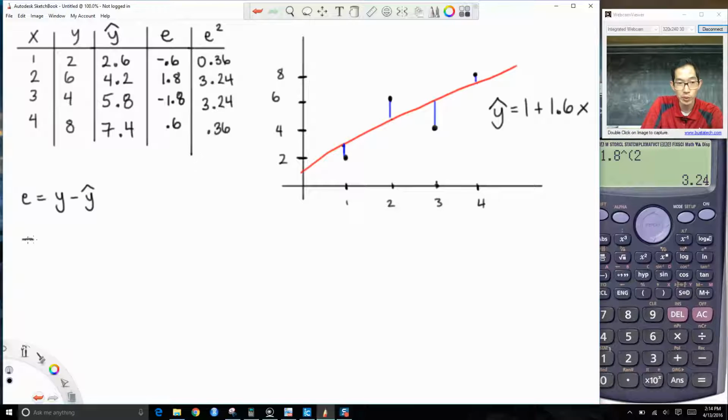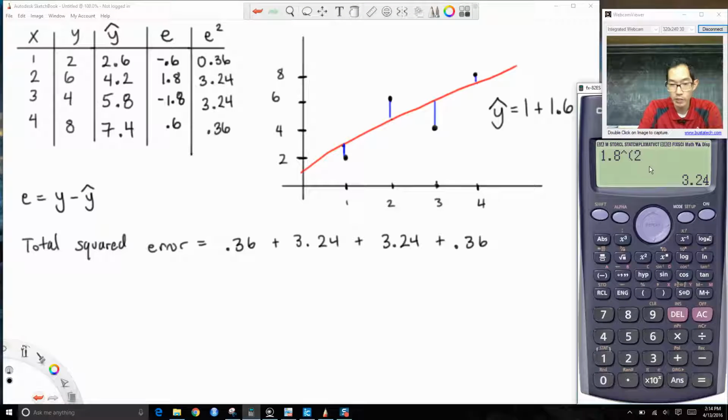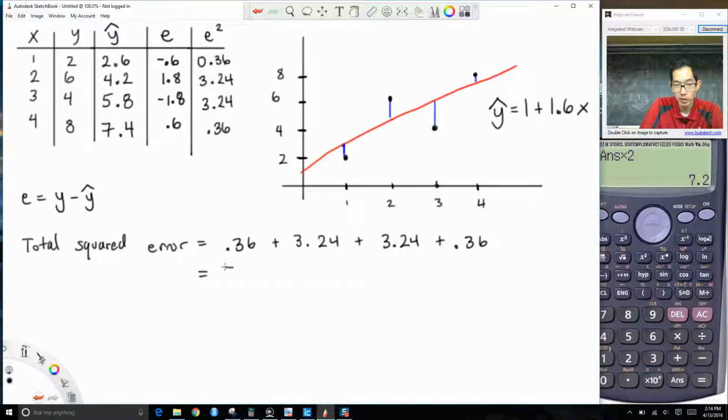Okay, so my total squared error would be 0.36 plus 3.24 plus 3.24 plus 0.36. So I can add all of these together and I get 7.2. My total squared error is 7.2.